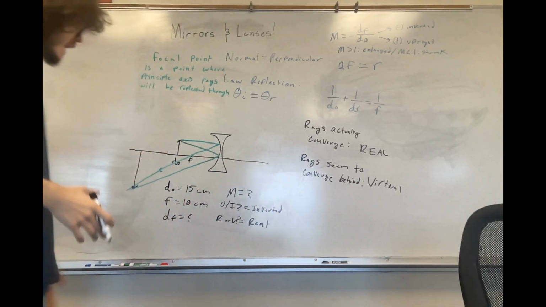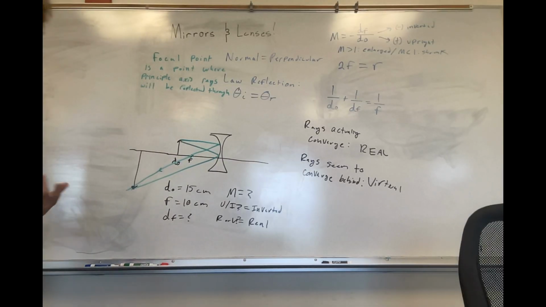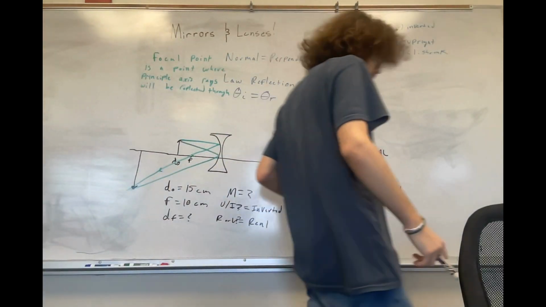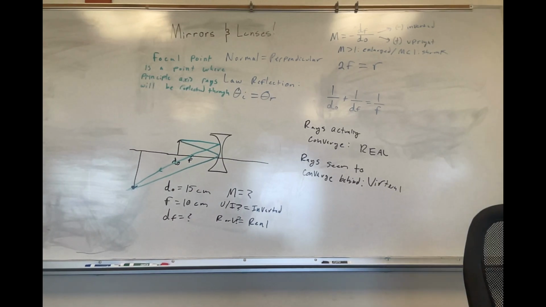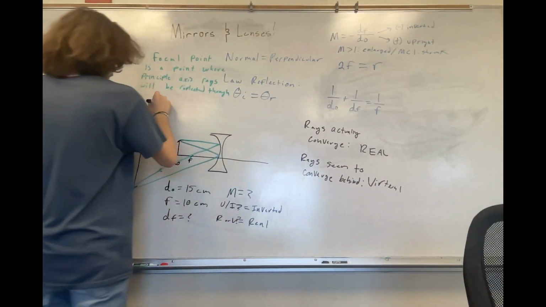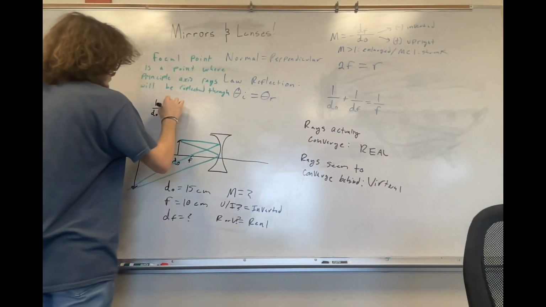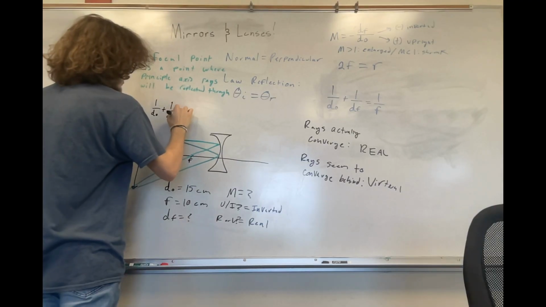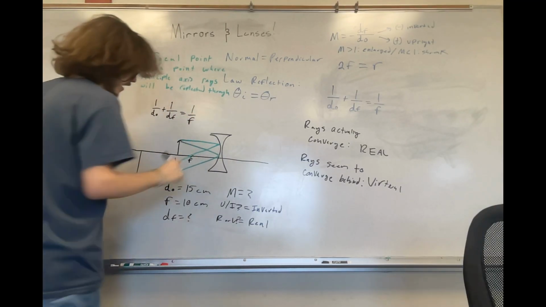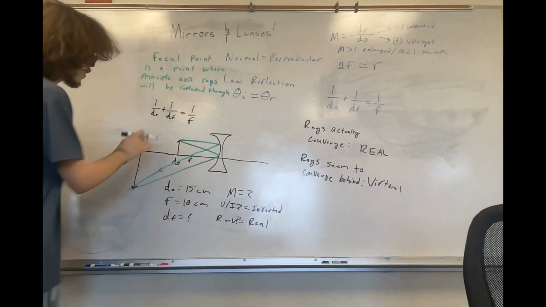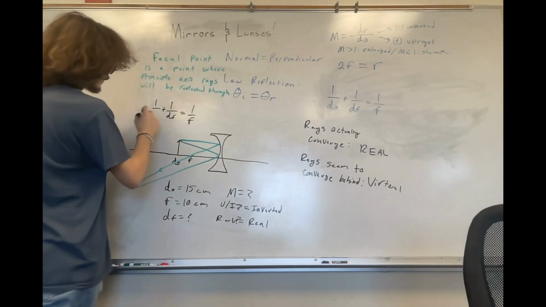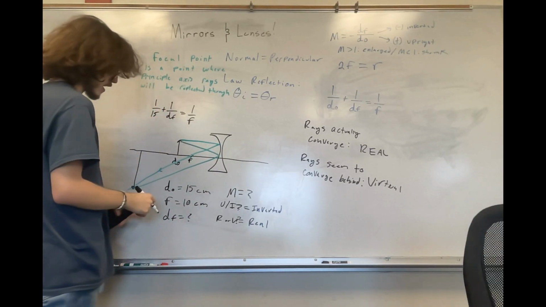But the things we can't really just look at and see are the final distance and the magnification. So let me go ahead and grab my calculator here. So 1 over d naught plus 1 over df equals 1 over f. This is how we're going to solve for df. We're going to plug in for d naught 15 centimeters, and f is 10.